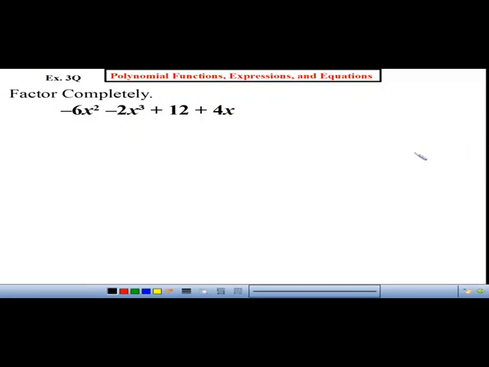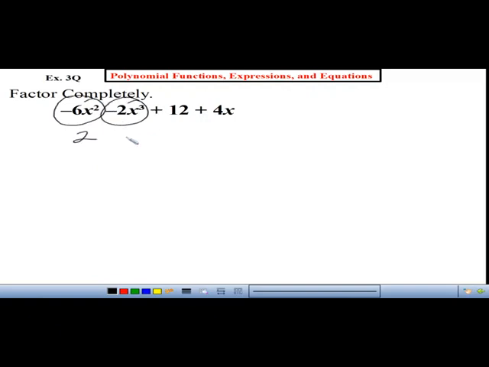Help me out, Bianca. Was it in standard form? Yes. Look at it again. No. So what do I do? What goes first? You put it in standard form. To do standard form, you need to identify the degrees.